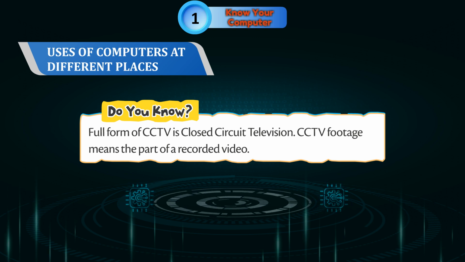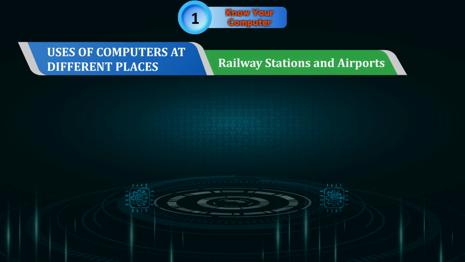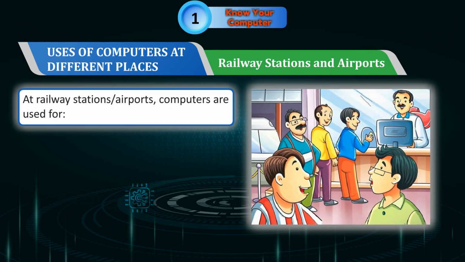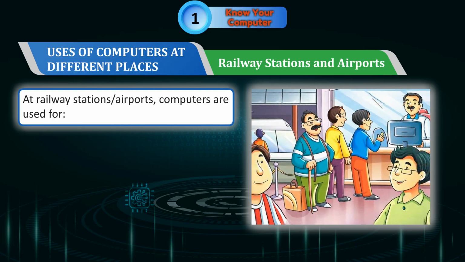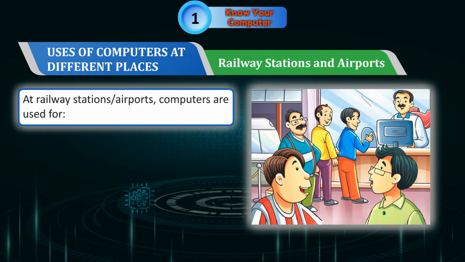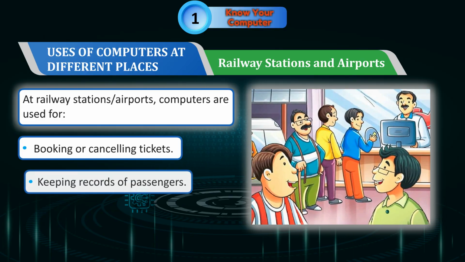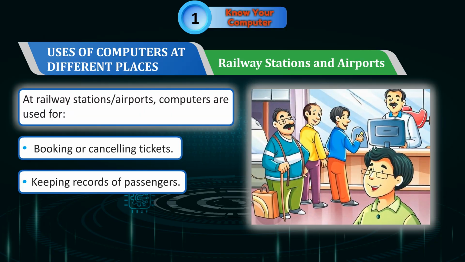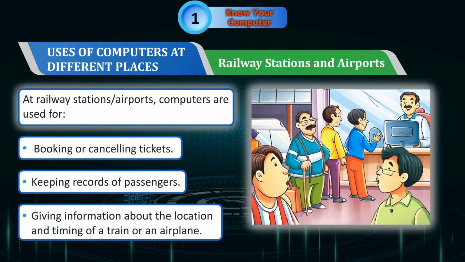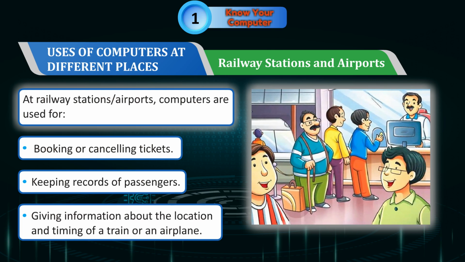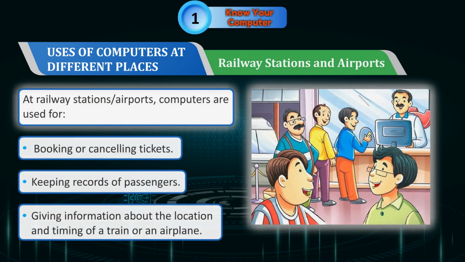CCTV footage means the part of a recorded video. Railway stations and airports. At railway stations and airports, computers are used for booking or cancelling tickets, keeping records of passengers, giving information about the location and timing of a train or an airplane.